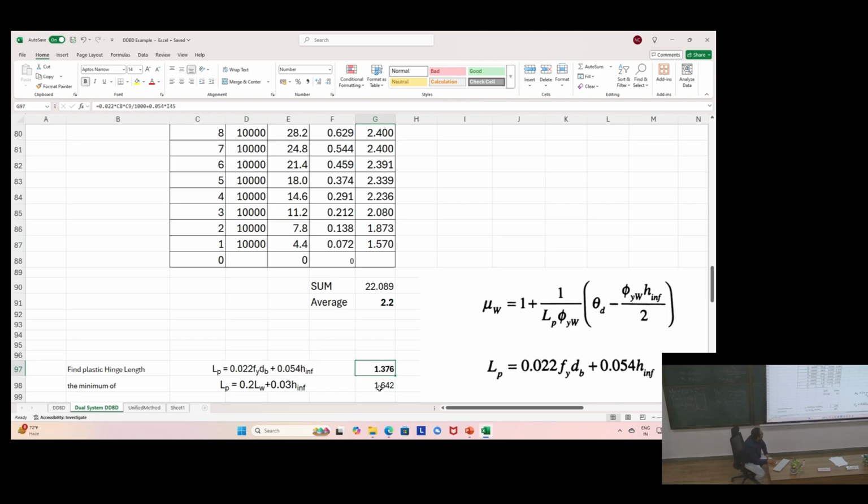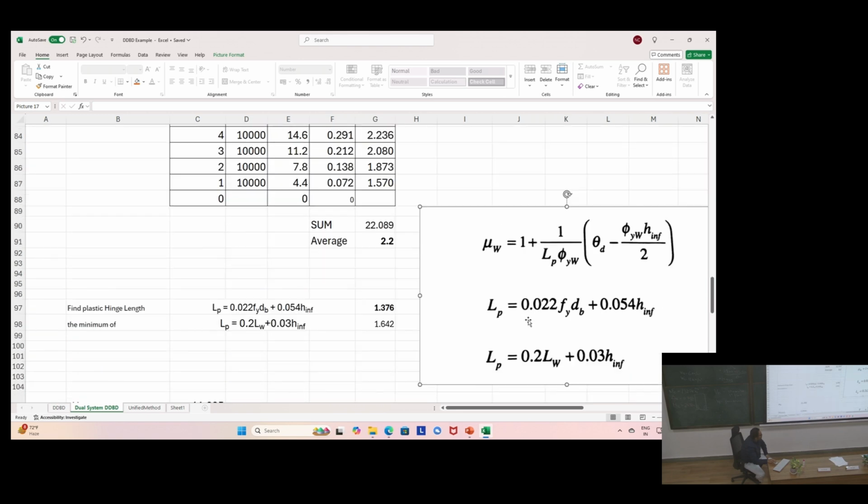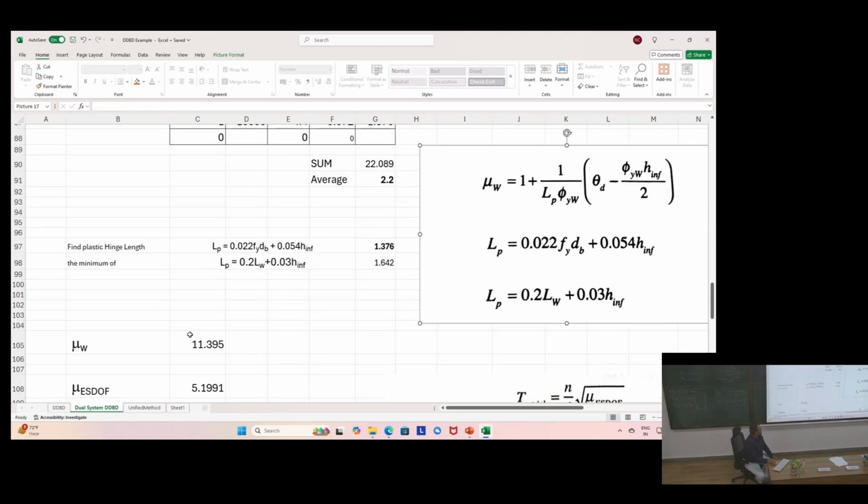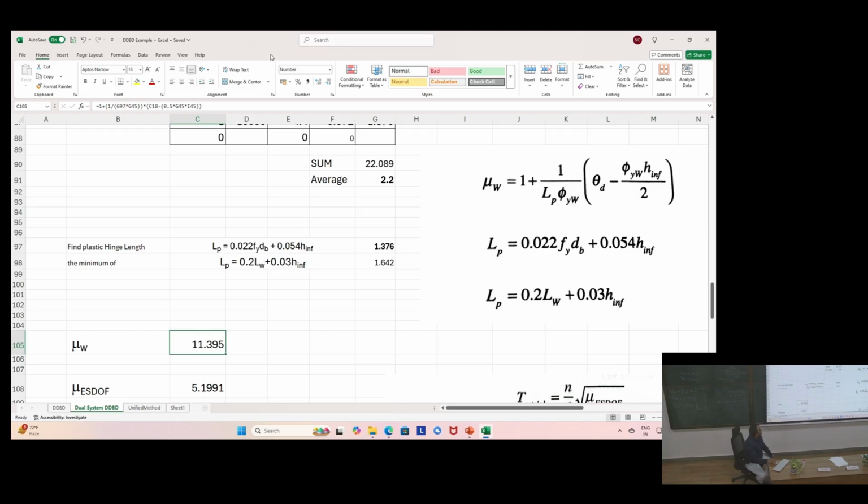So 1.376, and then calculate mu of wall, which is given by this equation over here. Let me know what number you got for mu of wall. 11.395.